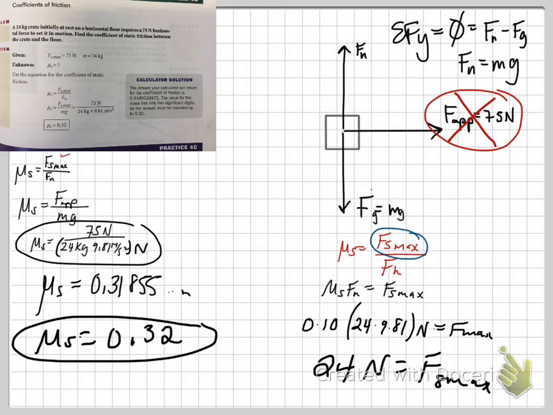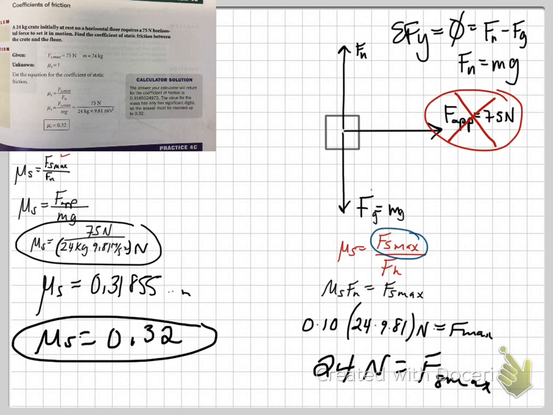So what if we doubled the coefficient of friction and made it 0.64? It would take roughly twice as much force to get the box moving, and you can do the math yourself, but it is pretty linear.